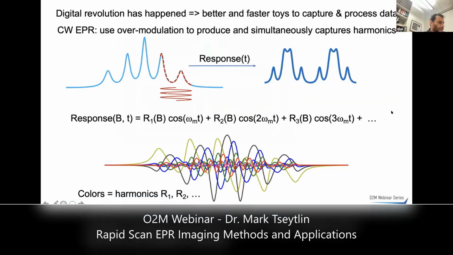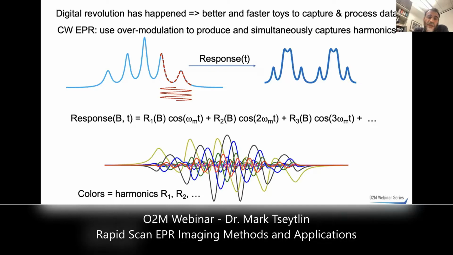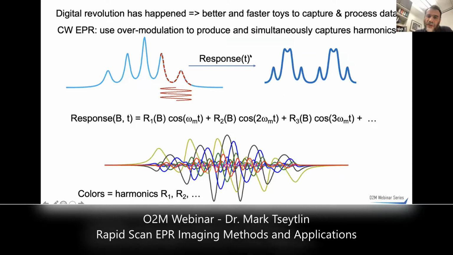So for example, what happened is the digital revolution. Now we have better, faster instruments that can capture and process data. With respect to CW EPR, now you can over-modulate. You can increase the modulation of the magnetic field. And if you do so, your response is not a sine wave anymore.